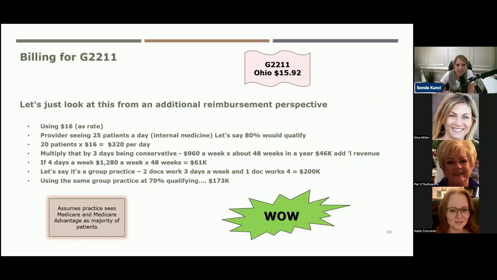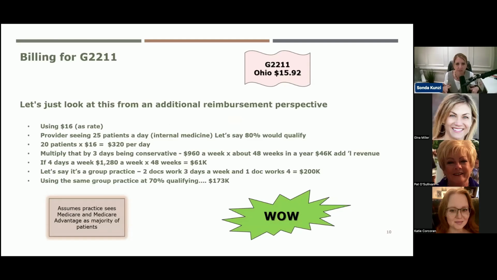All right, let's do some math. Not that math is my specialty. But for those of you who really like doing the math, we're going to use $16 as the rate because who wants to multiply by $15.92? All right, let's say your provider sees about 25 patients a day, and about 80% would qualify.